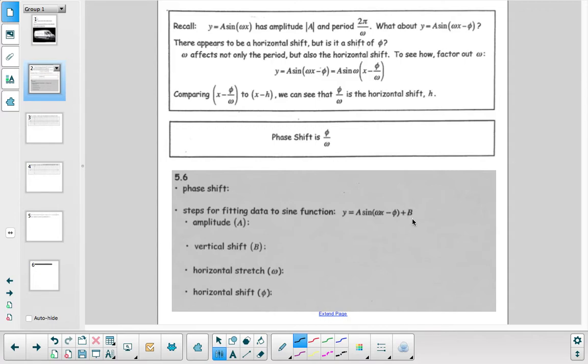So if you ever need to find the midline based off of the equation, the midline is just whatever you're adding or subtracting outside of the sine function. Also, quick note, these rules apply for cosine as well. They do not apply to tangent or cotangent because the period is different. So you just have to adjust it a little bit, but everything else should be pretty much the same. Just tangent and cotangent is a little different.